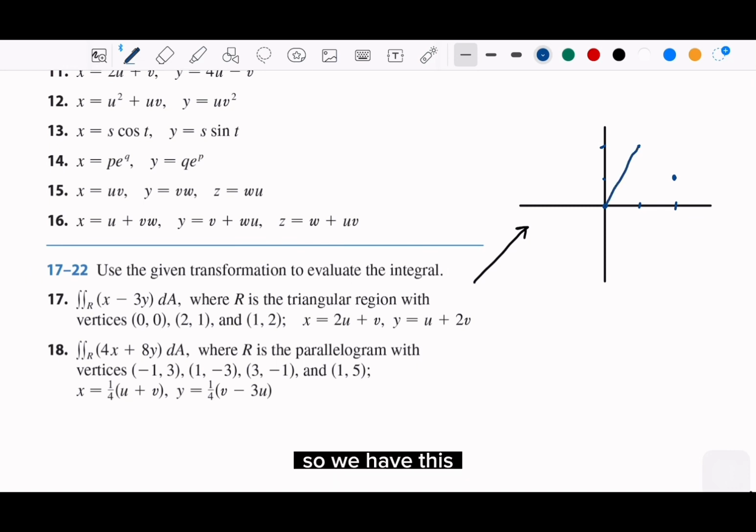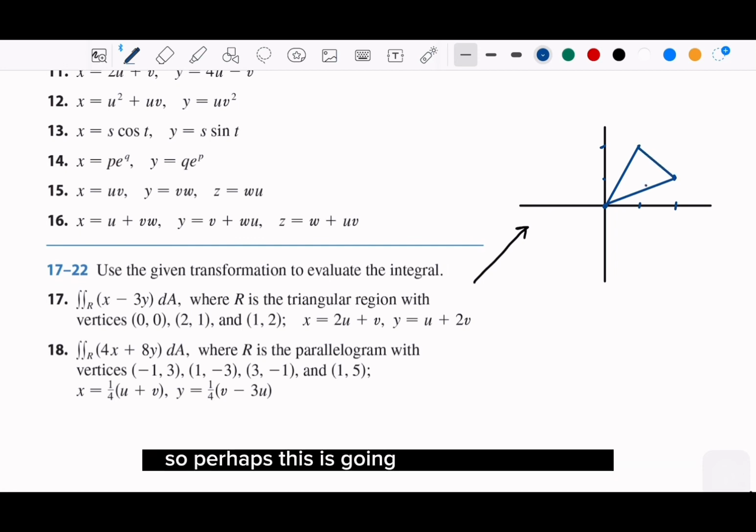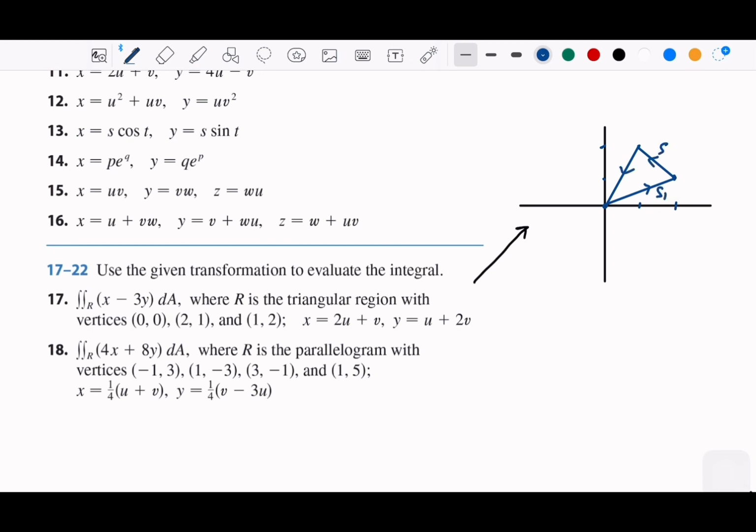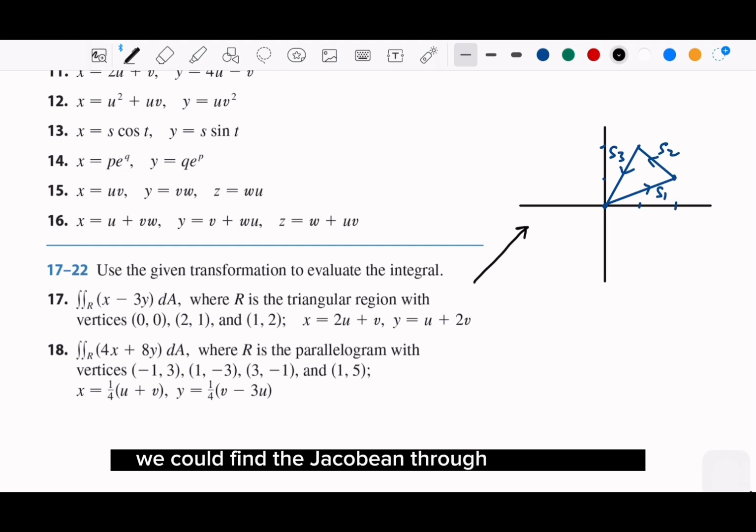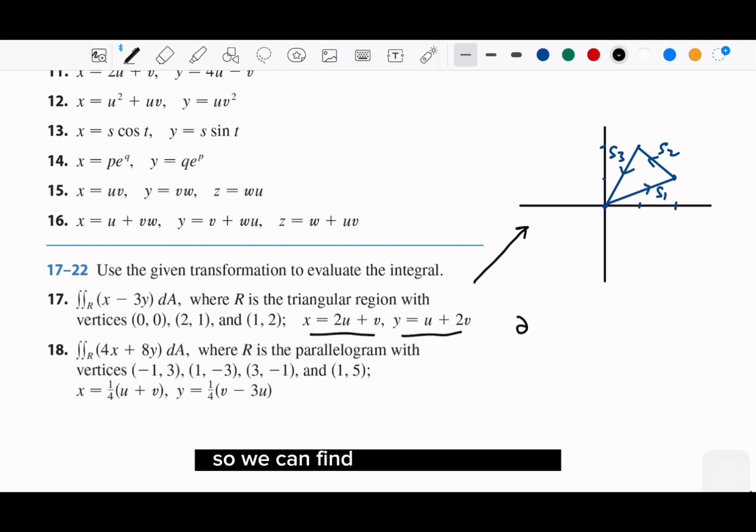So we have this, that, and this. Okay. So perhaps this is going to be the path. And we could find the Jacobian through this equation. So we can find the Jacobian directly.